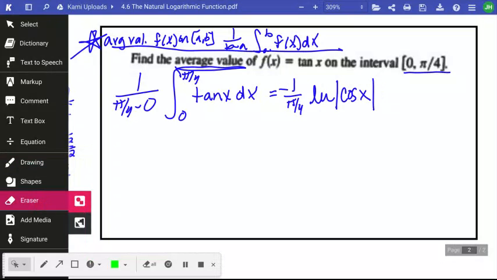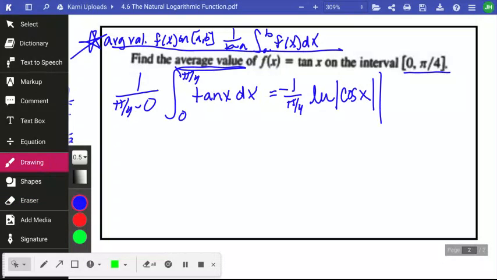Almost wrote it out of habit, because we're going to evaluate it from 0 to pi over 4. So now all we have to do is plug in that pi over 4 and plug in 0. And that unit circle we just used, I can just scoot over and we'll use it. So I'm going to equal this. Instead of writing it that way, I'm going to write it as negative 4 over pi, because we can just multiply by the reciprocal instead of dividing by a fraction.